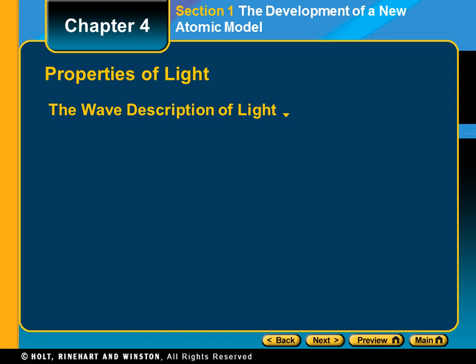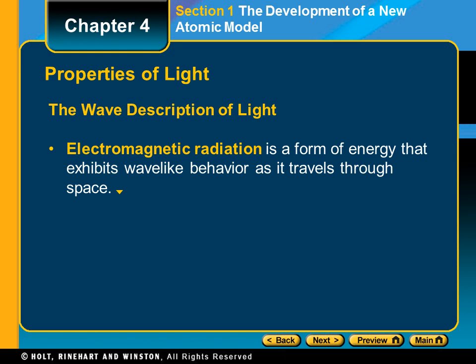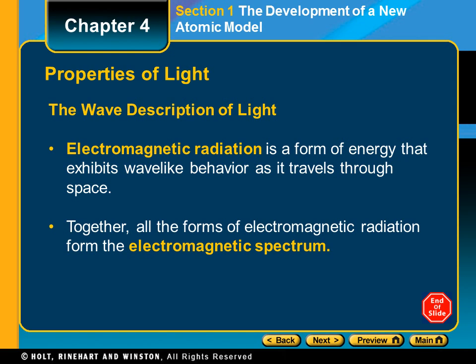So first, light has been in the past described as a wave, and there are wave-like properties of light. For example, electromagnetic radiation, which is a form of energy that exhibits wave-like behavior as it travels through space. So electromagnetic radiation comes with light, but it has wave-like properties and characteristics.